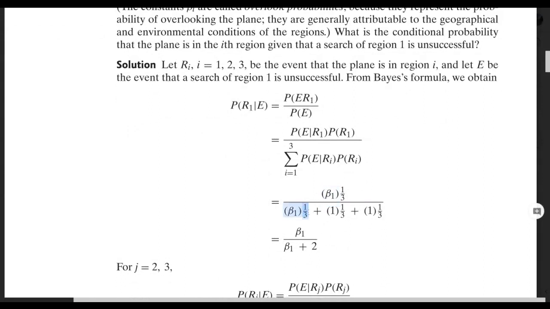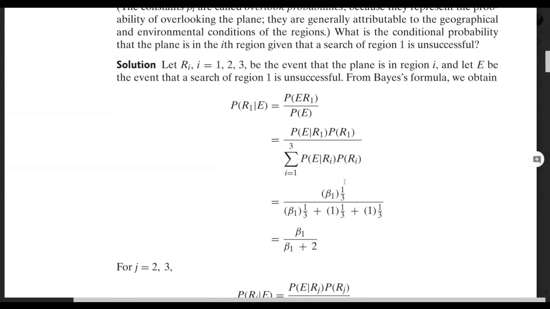Then similarly, the first one is the same as the numerator. Then the rest of the two is 1/3, right? In region 2, the probability of region 2 is 1/3. Then the probability of found in region 2 but not in region 1, of course, is 1, right? If you found it in region 2, it will not be in region 1.